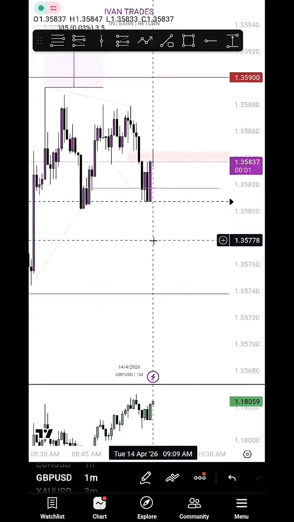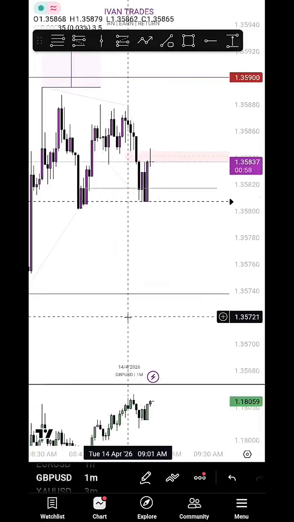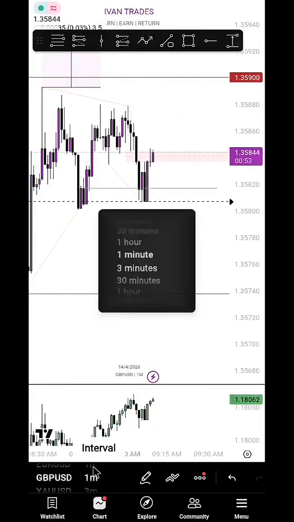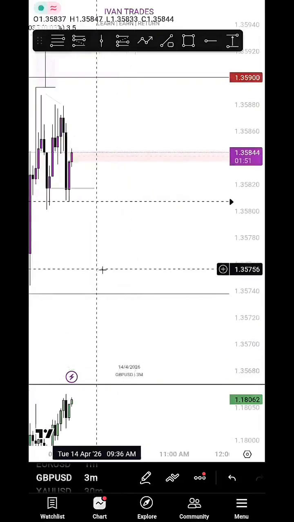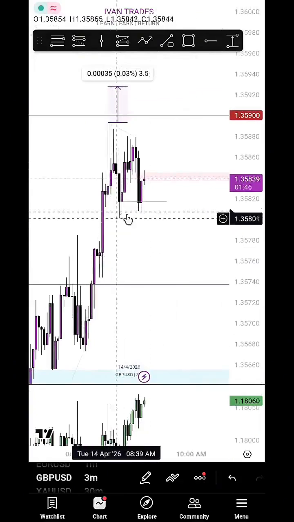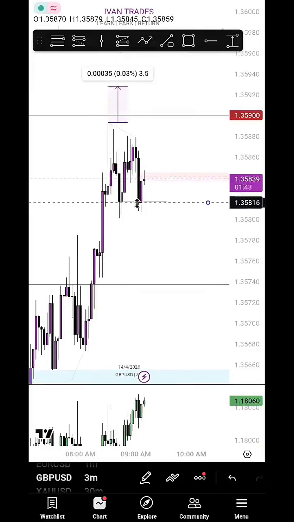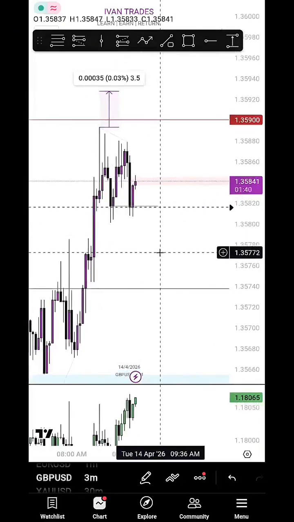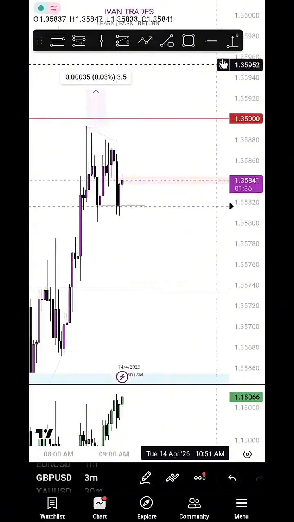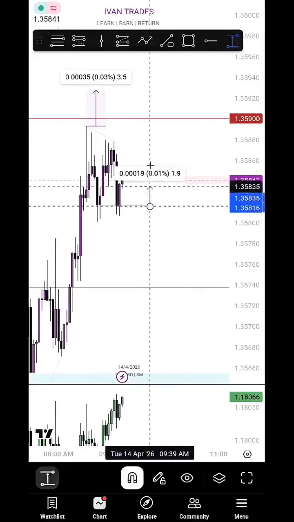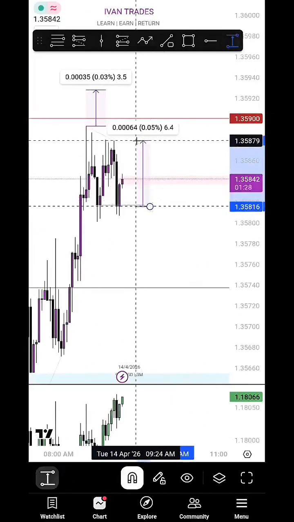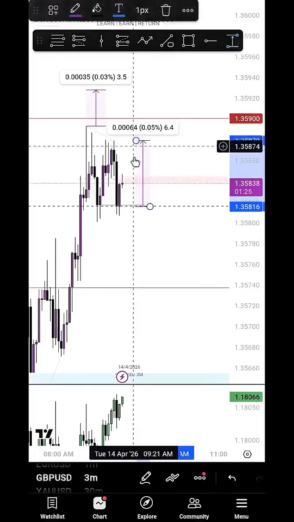On the 1 minute time frame, maybe the only problem is that the 8:30 high wasn't swept just yet. So let me put this alert right here and see if I can get a move. Can close below this point right here.